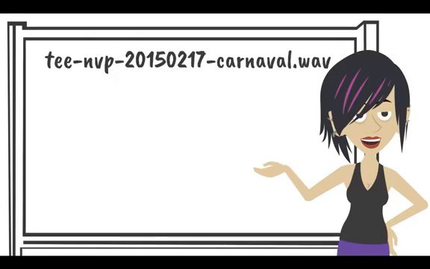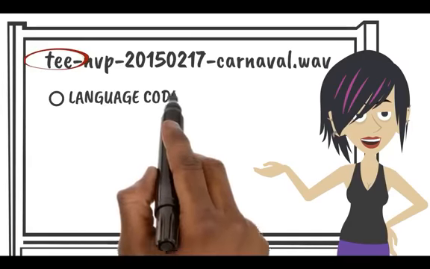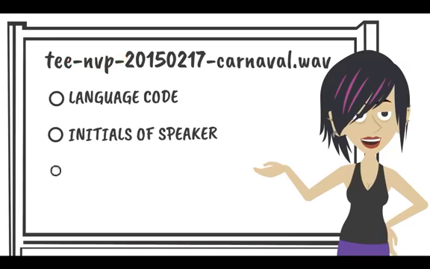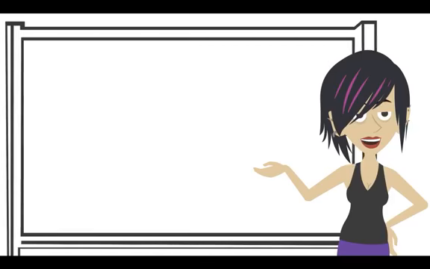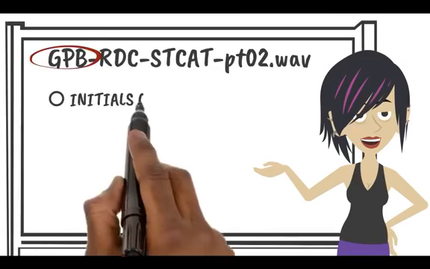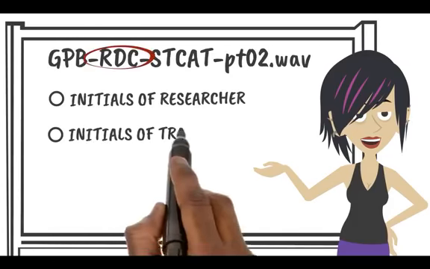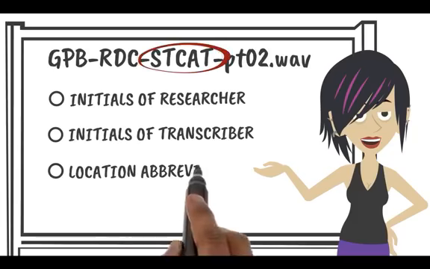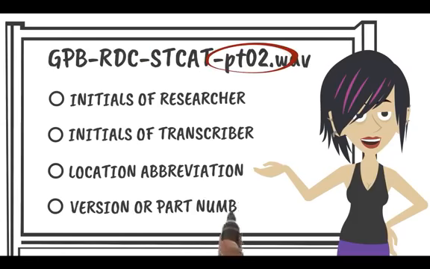It is a best practice to use at least 3 relevant descriptors. Examples include language code, initials of speaker, date of recording or file creation, and short description of the content. Other relevant semantic information might include initials of the researcher, initials of the transcriber, location, or a version or part number.